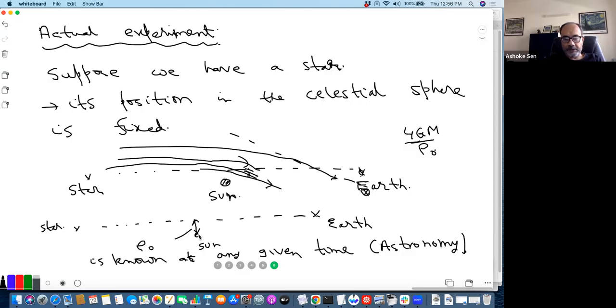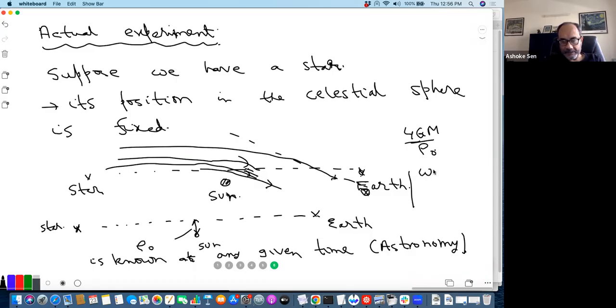Now, the problem, of course, is that when the sun is in front, in this geometry, we cannot really see the star, because the sunlight will basically block the view of the star. So the experiment that was performed was during the eclipse. This kind of observation you can only do when there's an eclipse.